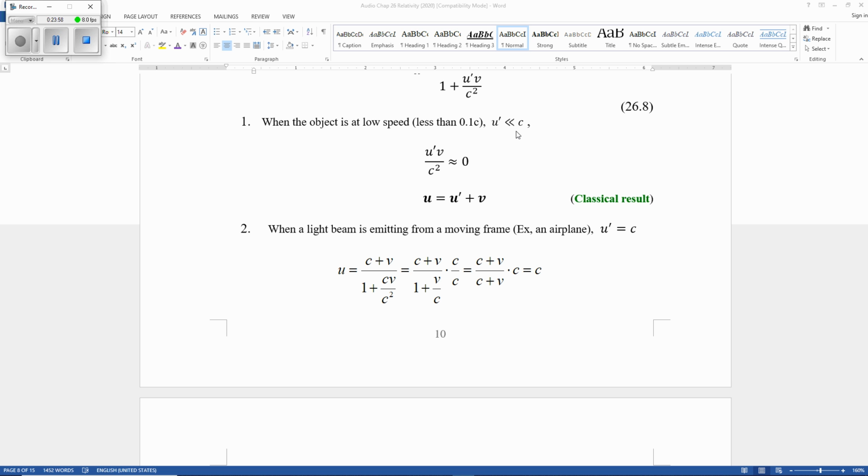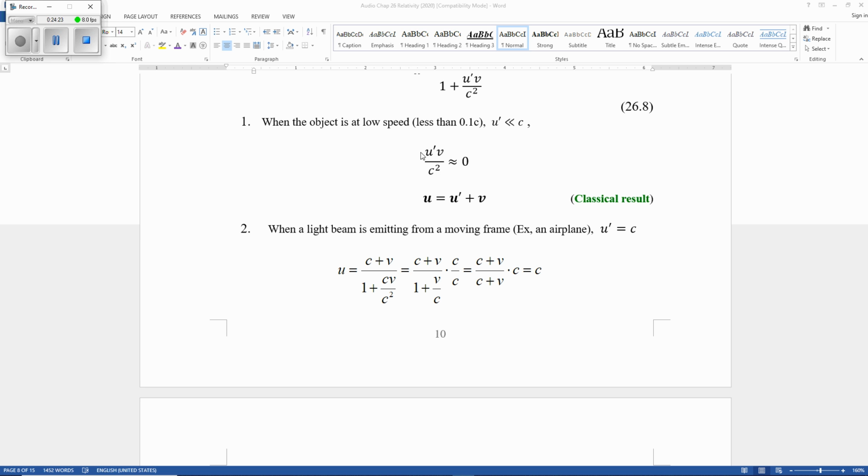If that's so, then this term almost equals 0, because at low speed, like an airplane, all the objects are slow, and we divide by a big number, c squared.